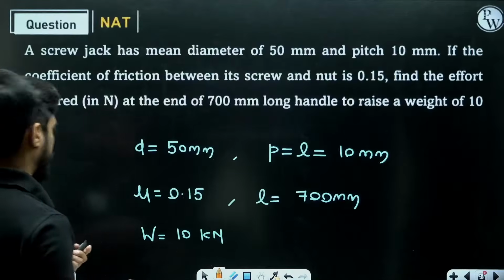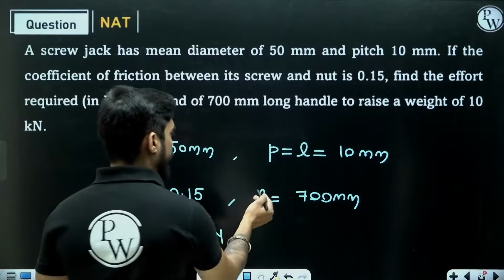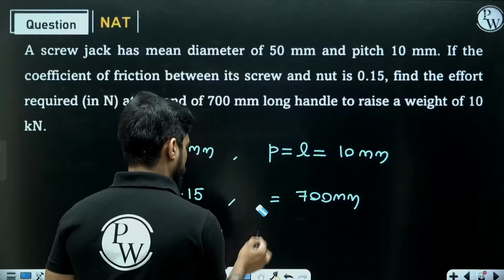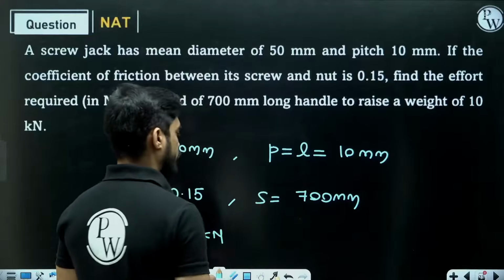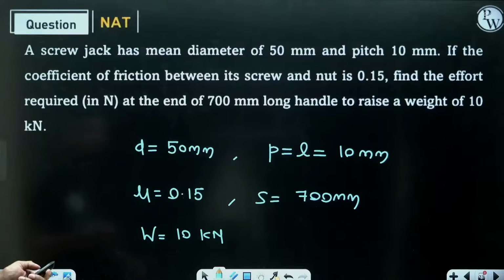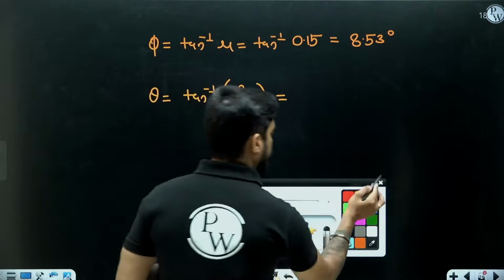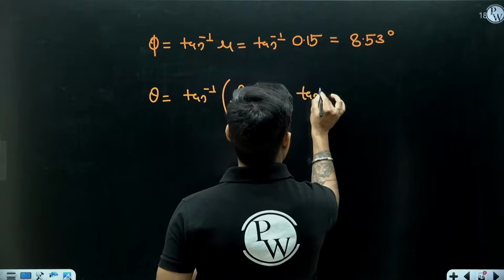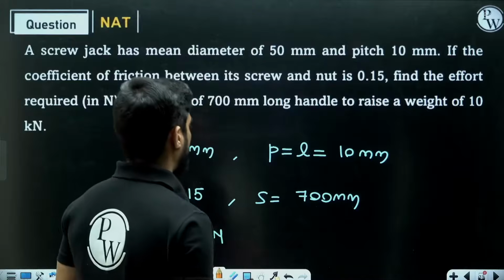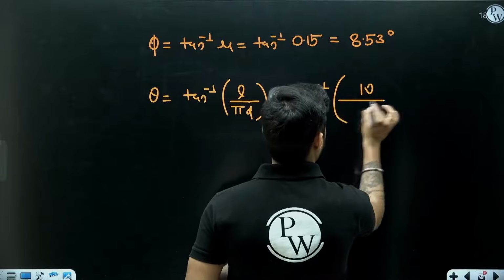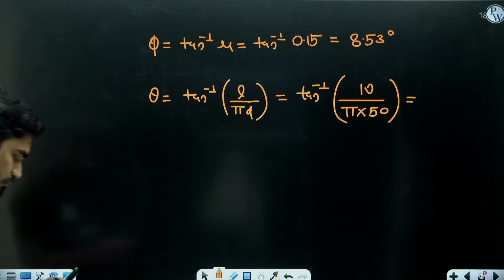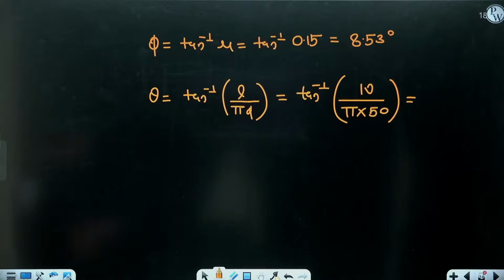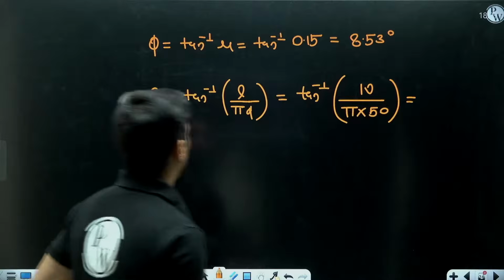Okay, sorry, this L and this L is different, na? Let me write it something else, S. So this is tan inverse of 10 by pi into 50. So what is theta? 3.64 degree.